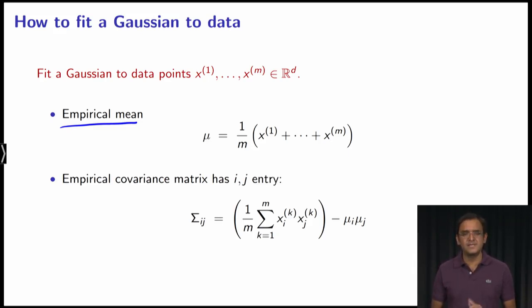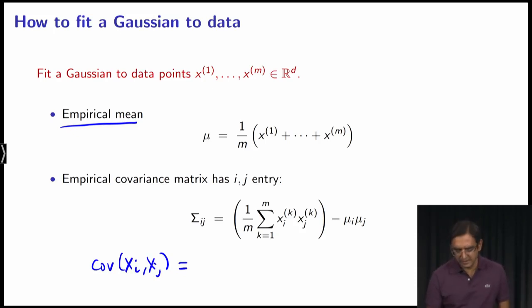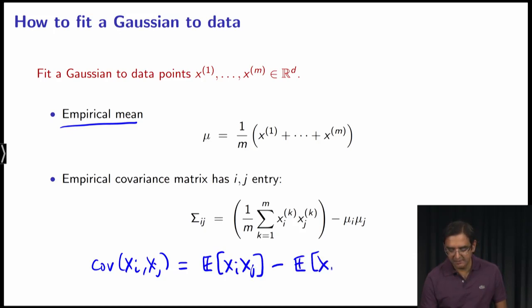Okay, so how exactly does that work out? Well, we now have this d by d matrix. What is the ij entry of the matrix? It is the covariance between xi and xj. And what was the formula for covariance again? Well, the covariance between xi and xj is the expected value of xi times xj minus the expected value of xi times the expected value of xj.